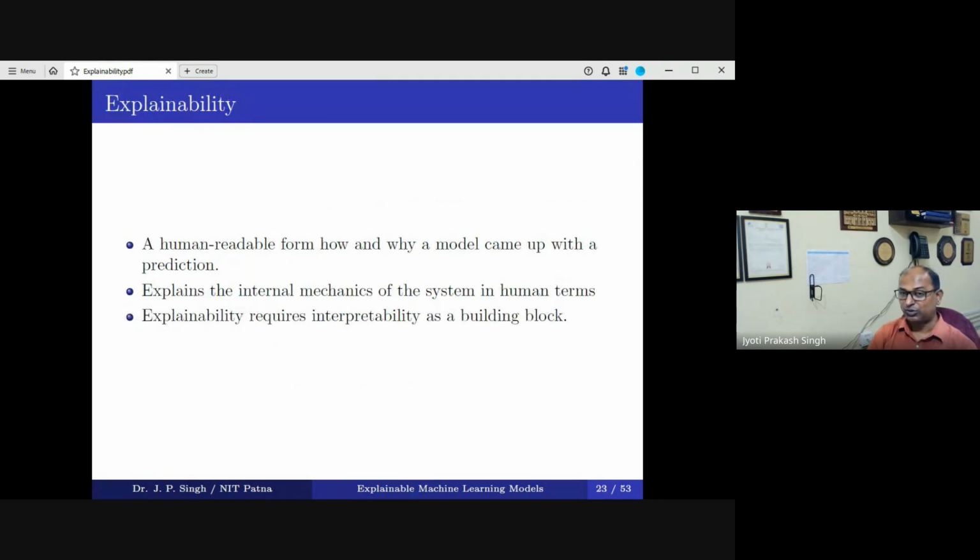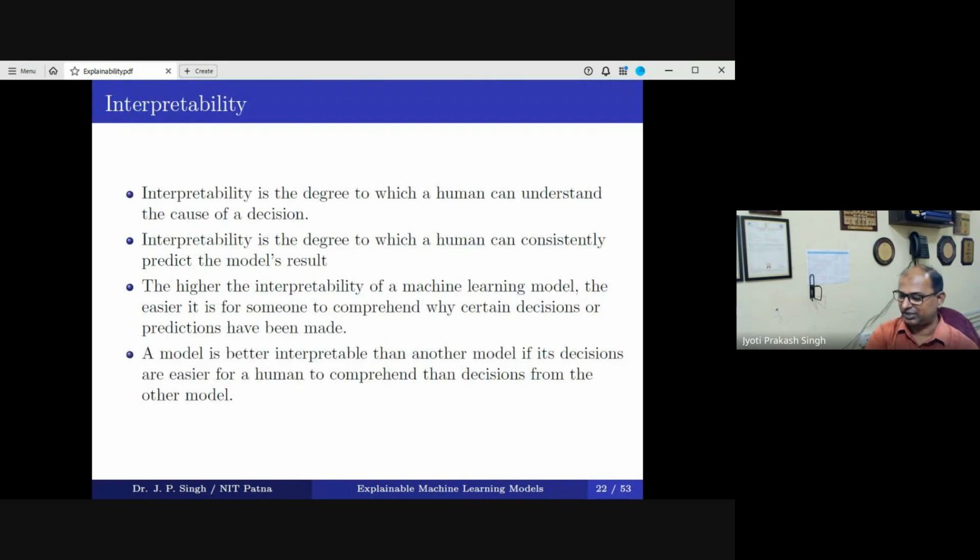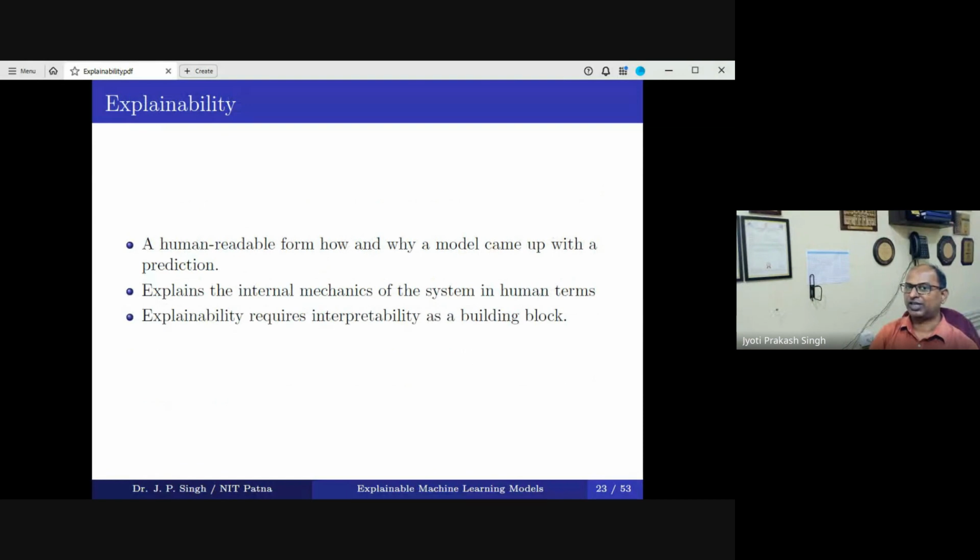Explainability. There are two terms, interpretability and explainability, and you will frequently encounter both. Explainability is a human readable form of how and why a model came up with the prediction. It explains the internal mechanism of the system in human terms, and in general, explainability requires interpretability as a building block. We need to have a system interpretable in order to really make it explainable.